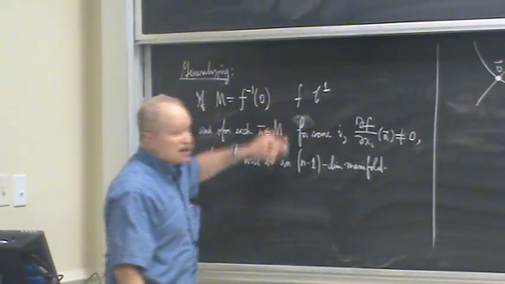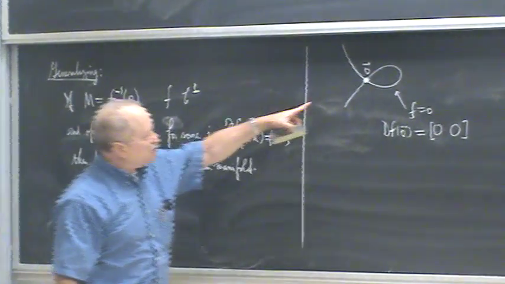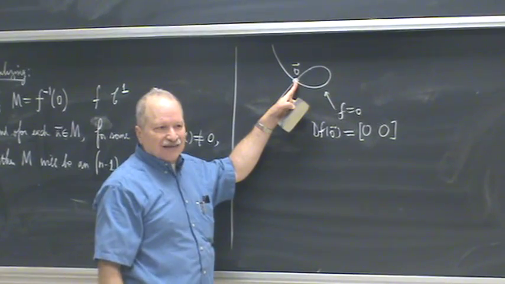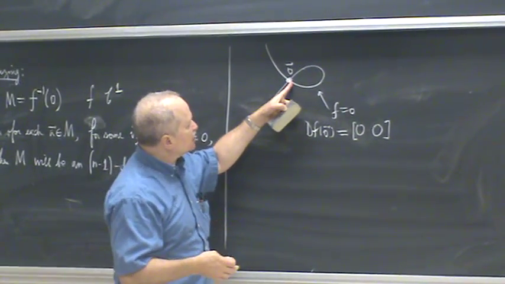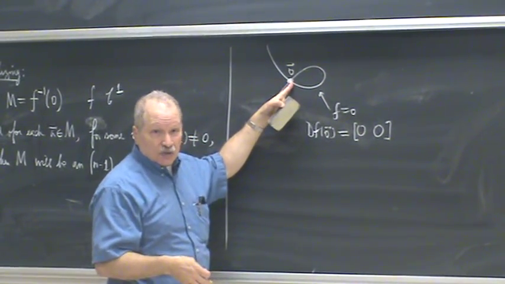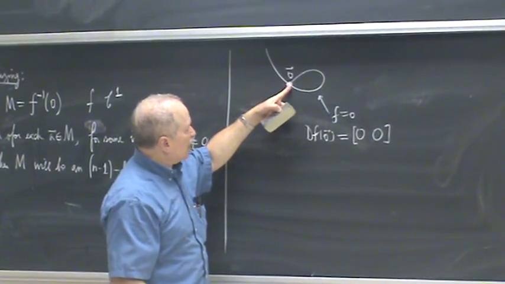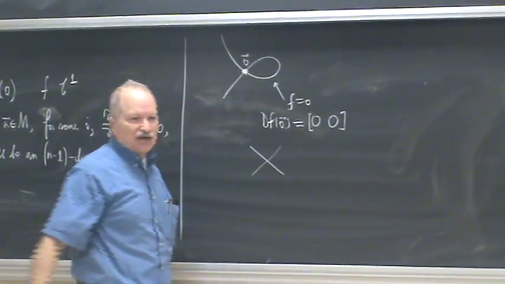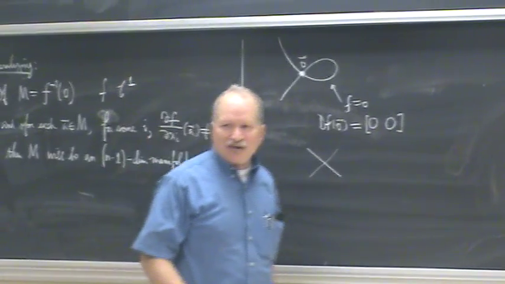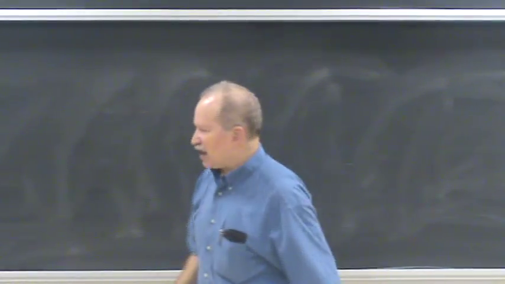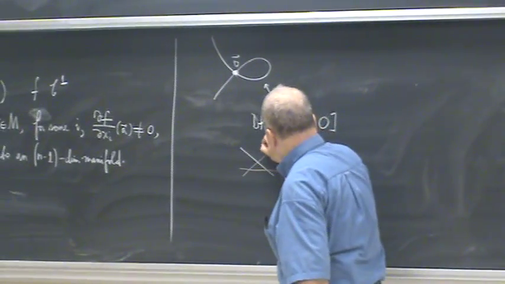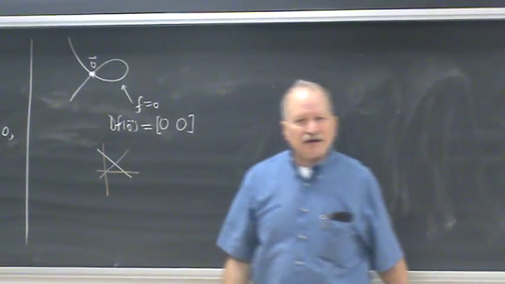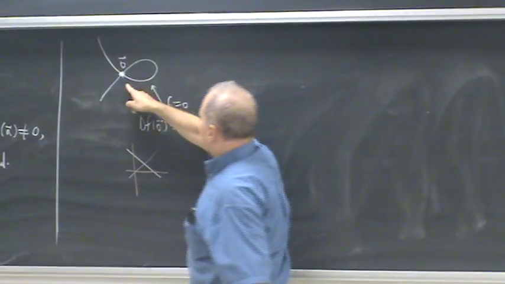So this criterion is failing, because at this point both partials failed. And in fact, we're seeing that this thing is not a one-dimensional manifold, because we talked yesterday about how if it looks like an X near the origin, you can't have it work with either the horizontal line test or the vertical line test. So it can't be a graph over either axis. Both of those have failed. So this is not a one-dimensional manifold.